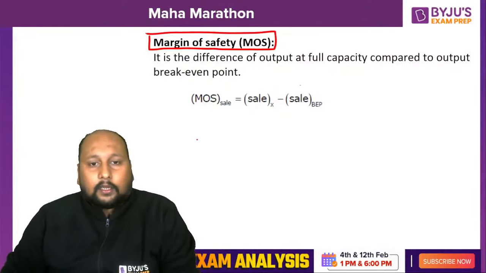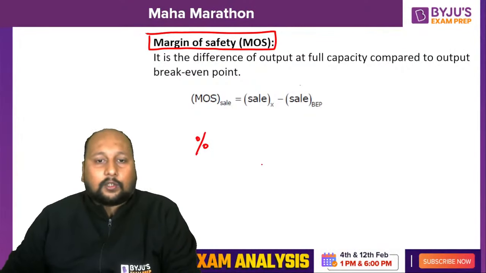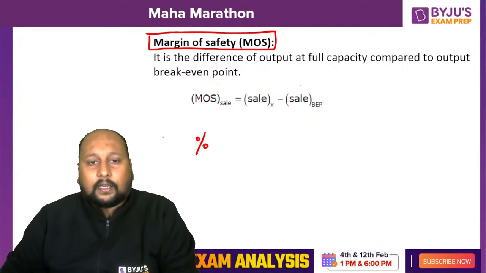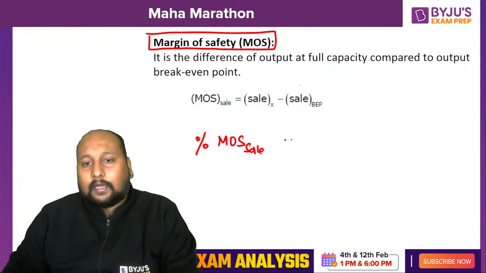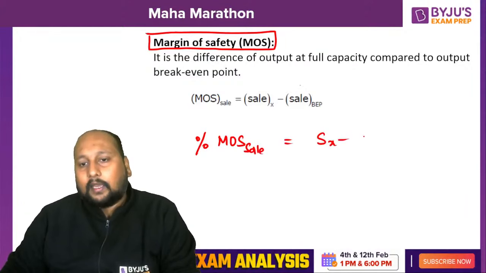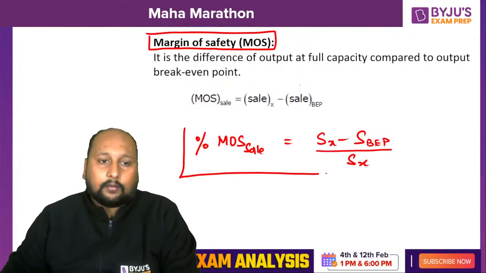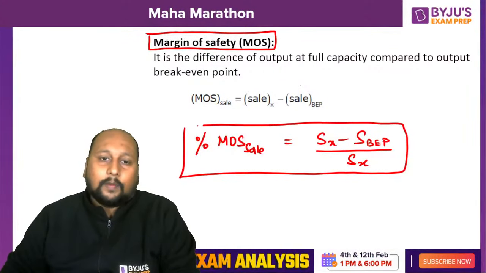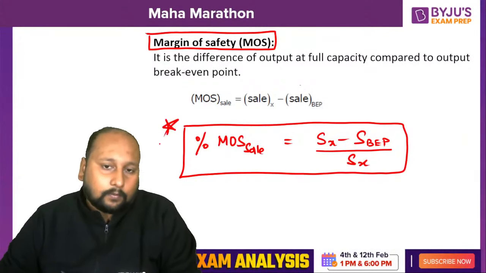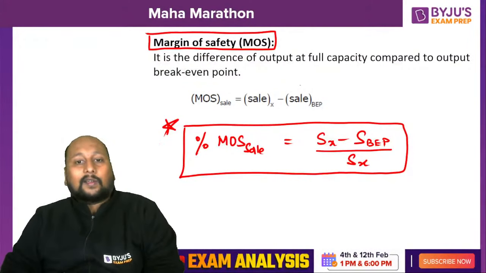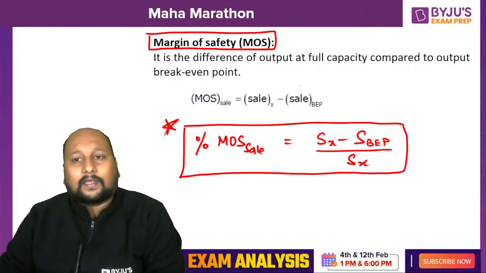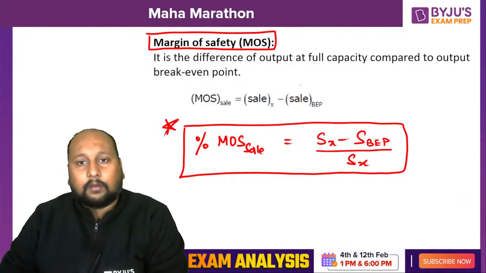From the sales perspective, the margin of safety percentage is equal to SX minus S at break even point, divided by SX. In some numericals this will come up in percentage. In that case, you have to take it with respect to full capacity or some specific volume of production, that is SX.